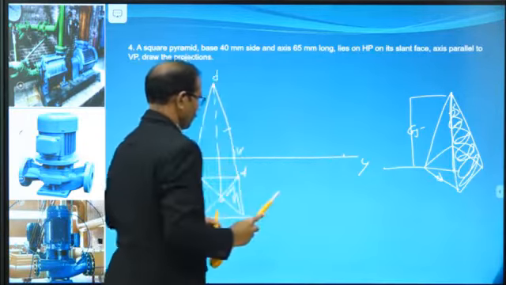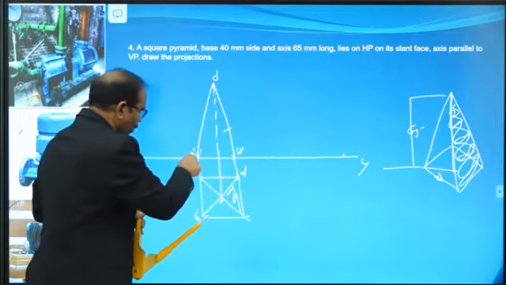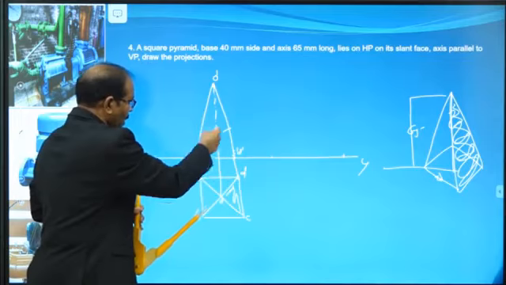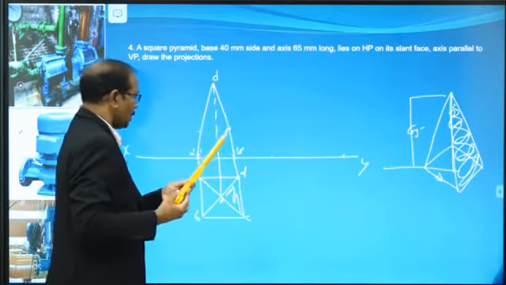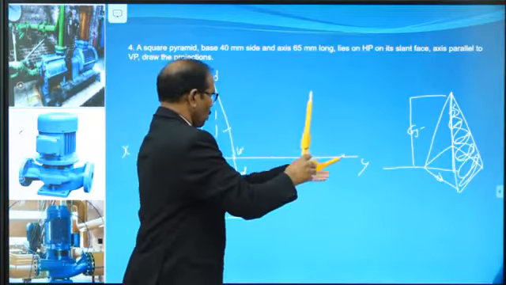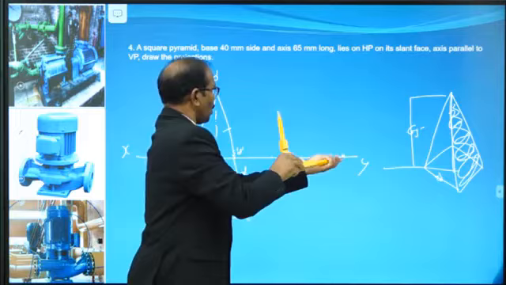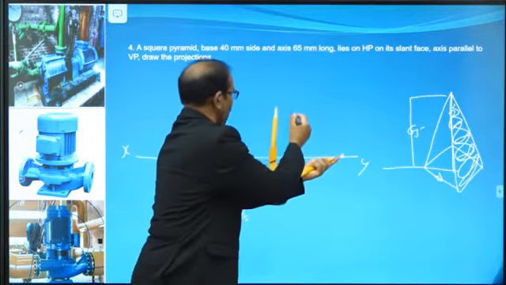Put it on the XY line. Now two points are completed, so only find out this point. This side is equal to this one. From this point draw one arc, and from this point one arc.